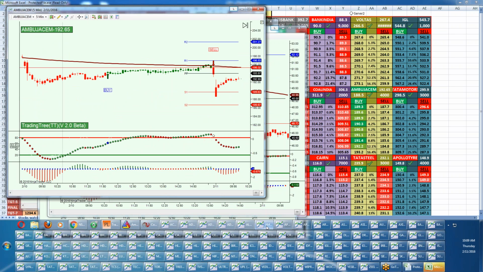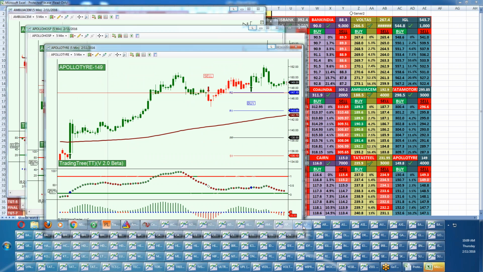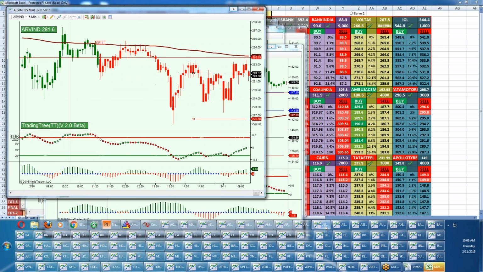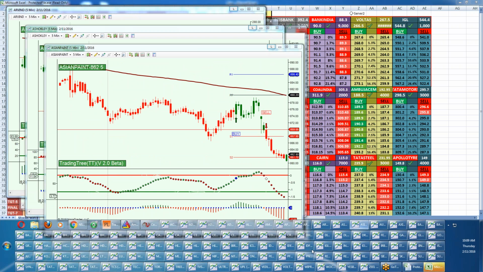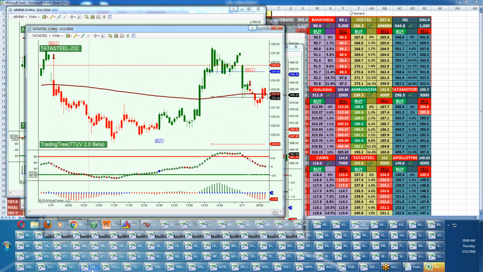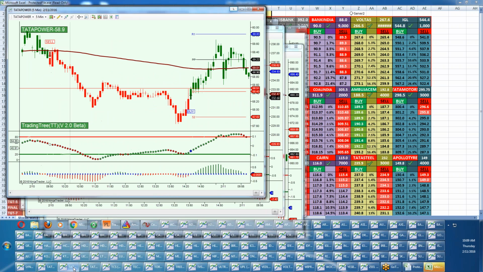Ambuja Cement, we can still wait. Tata Steel will make its final targets. There is a sell call. There is a sell call in SBI.